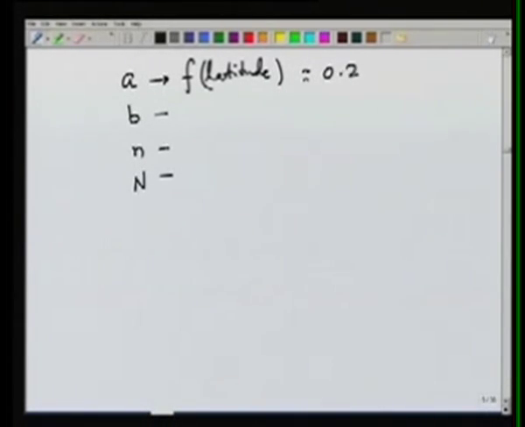There are some constants used in this equation, for example A, B, n and capital N. These are some constants which have been defined by Penman's equation. A is a function of latitude and typically given by about 0.29 cosine of phi, where phi is the latitude.